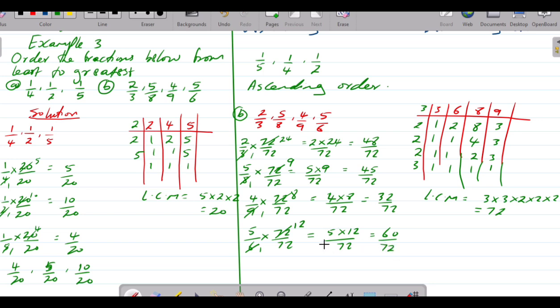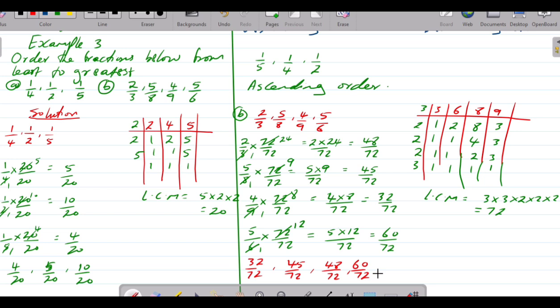Now let's order the fraction from least to greatest. So this will be 32 over 72 followed by 45 over 72 followed by 48 over 72 and 60 over 72.